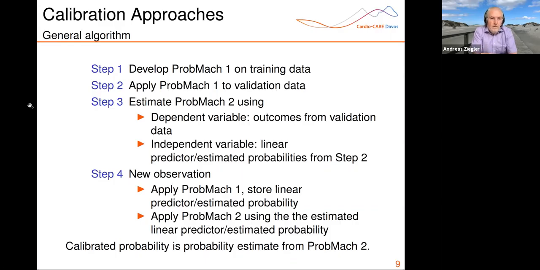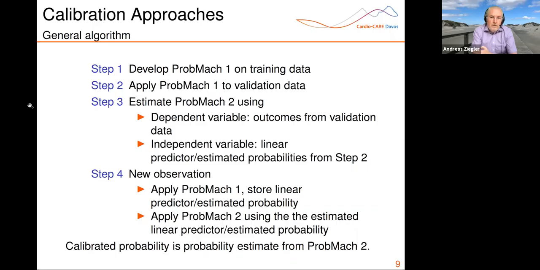And for this, we estimate a second probability machine with the dependent variable that is the outcome from the validation data. So this is just the 0, 1 variable from the validation data. And the independent variable is just the linear predictor estimated from step 2, or the estimated probabilities from step 2.